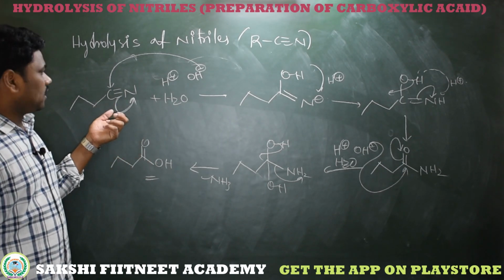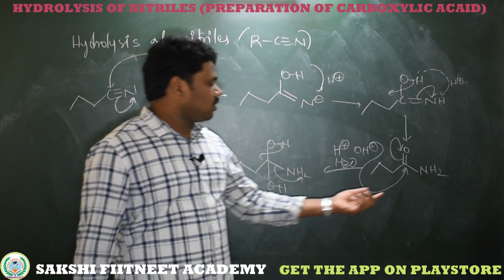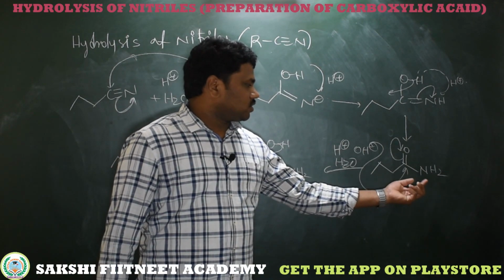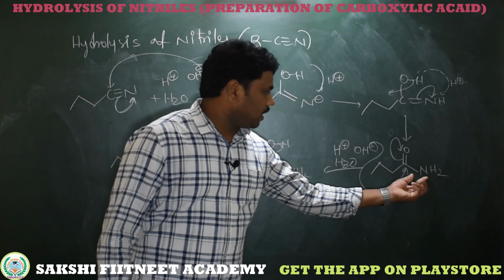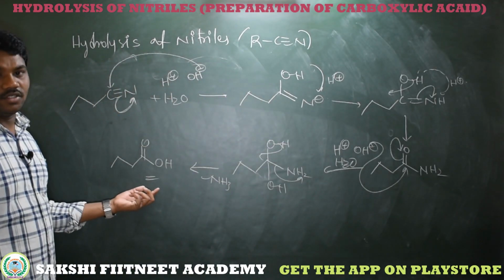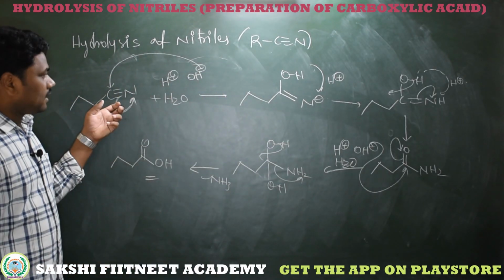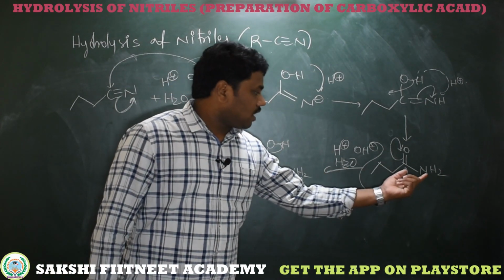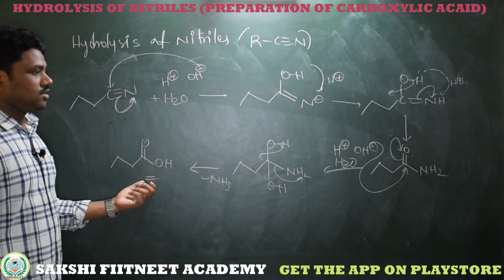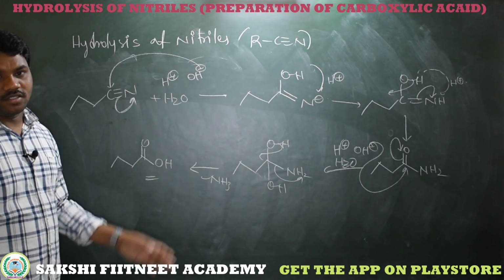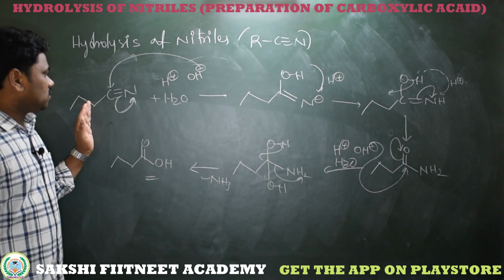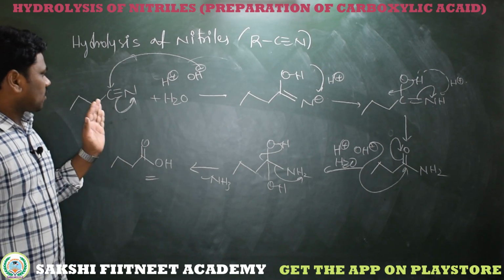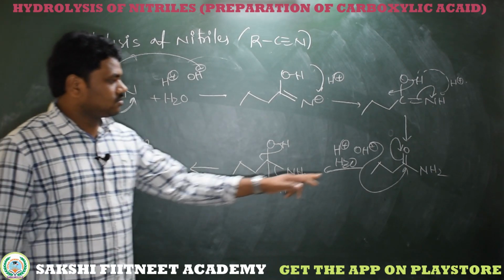So here this nitrile carbon is converted into carbonyl bonded to NH2, becoming an amide. This amide is converted into carboxylic acid. So you should remember that the nitrile part converts into amide on partial hydrolysis, and amide gets converted into carboxylic acid on complete hydrolysis. That means complete hydrolysis of nitrile gives carboxylic acid, and partial hydrolysis of nitrile gives amide.